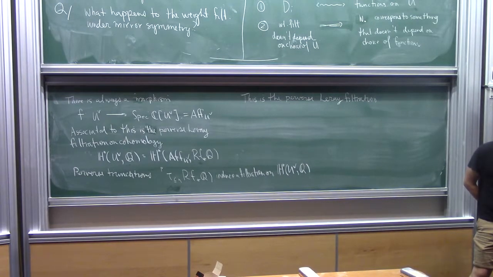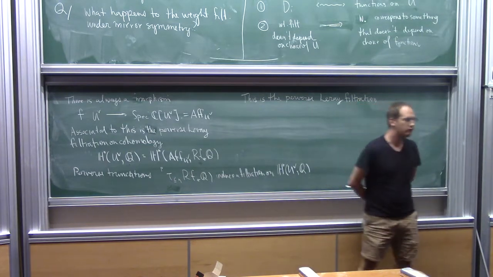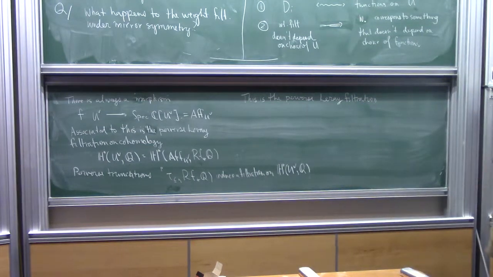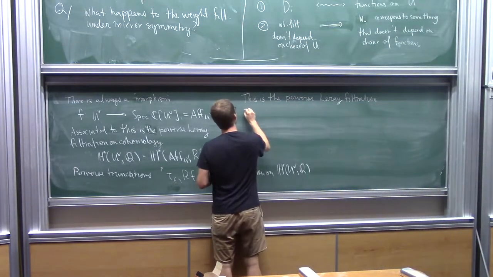If F is an isomorphism, there's still a non-trivial filtration. Maybe I'll give the secondary characterization, and it'll be more clear what this is. So, according to Di Cataldo and Migliorini, little d.